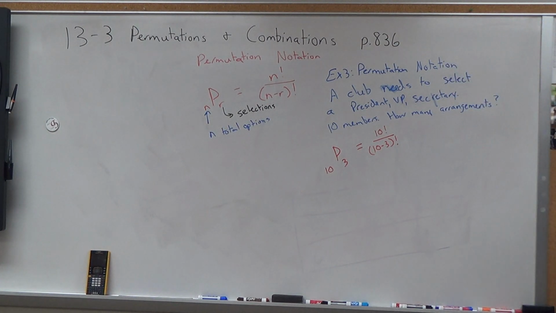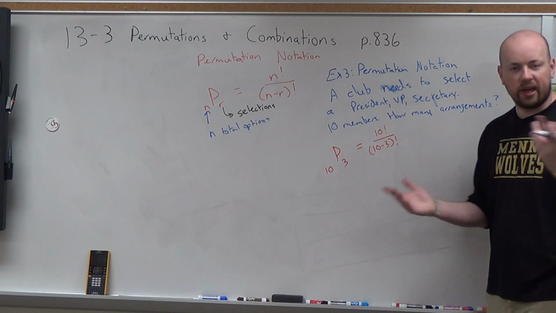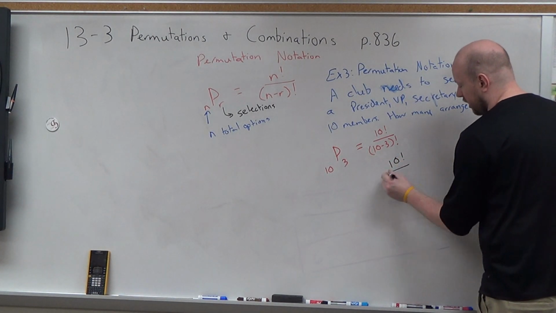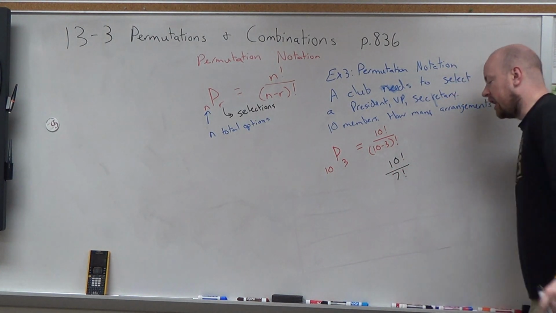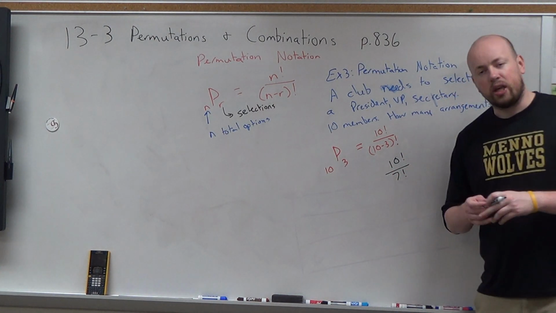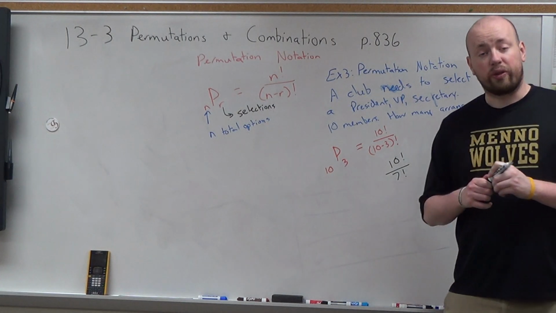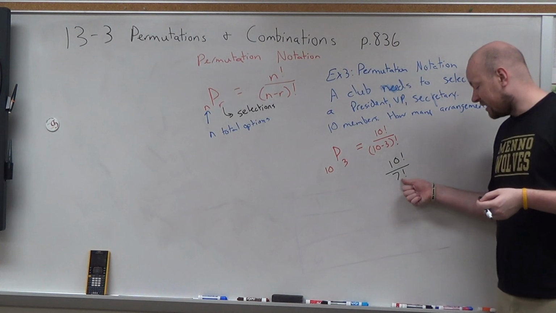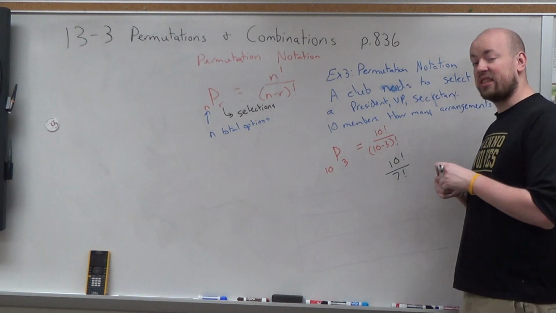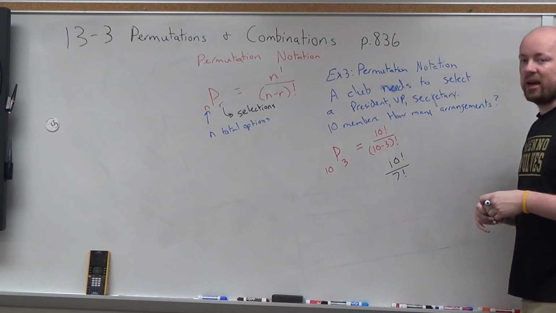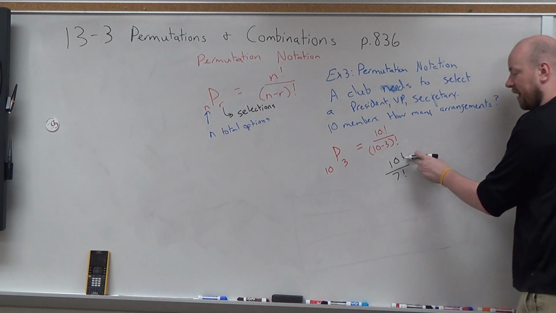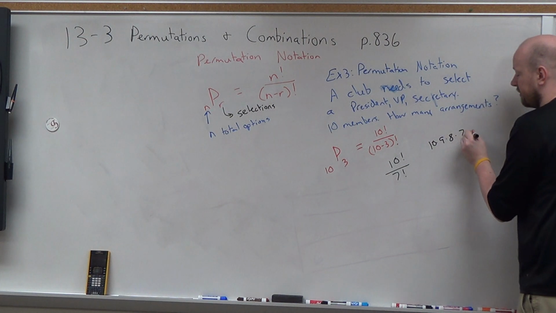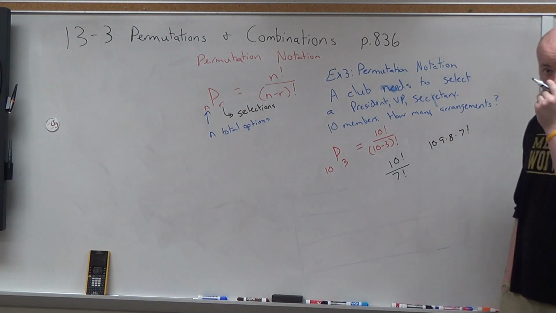Well, first, like I said, we need to do our parentheses. 10 minus 3, as you guys all know, is 7. So it's the same thing as 10 factorial over 7 factorial. Now you can definitely just type both these into your calculators and figure out what they are. However, the cool thing with division is some simplification can occur. So my highest number in the bottom, my denominator, is 7. So I actually want to rewrite my 10 factorial. 10 factorial is the same thing as 10 times 9 times 8 times 7, and then I could keep going, right?